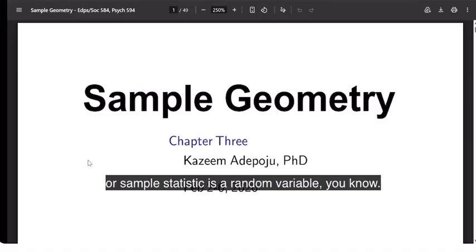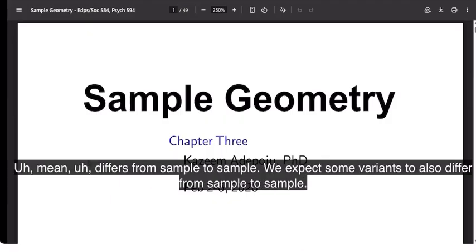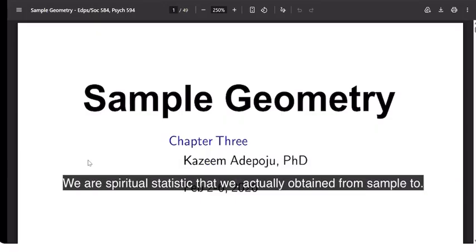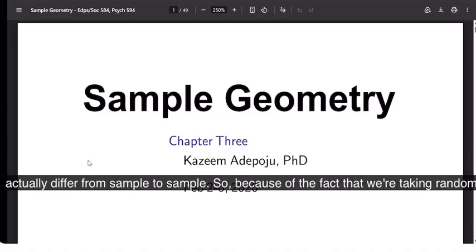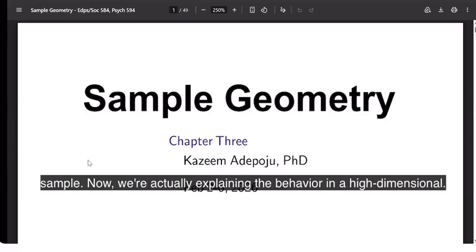The sample mean differs from sample to sample. We expect our variance to also differ from sample to sample. We expect whatever sample statistic we obtain to differ from sample to sample, because we're taking a random sample.